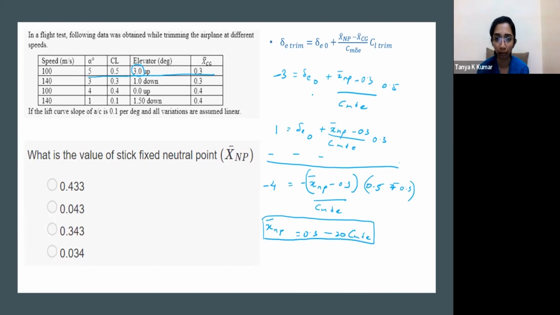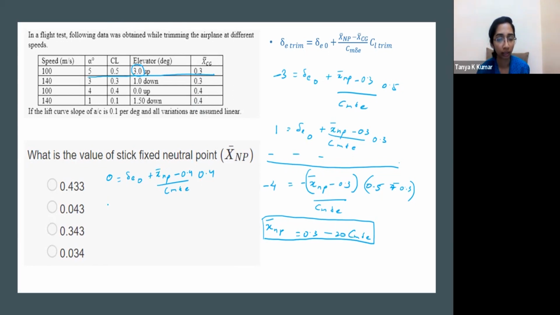Similarly, we perform the same iterations for the next two sets of values. For the third set, what is delta E trim? It's 0, right? 0 equals delta E naught plus X bar NP minus X bar CG, which is 0.4, times CM delta E, and CL trim is 0.4.